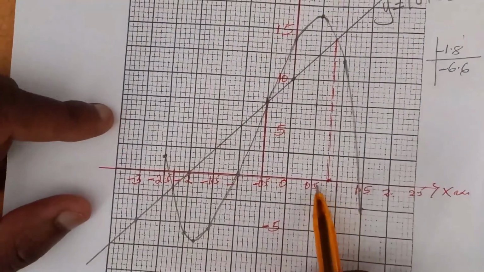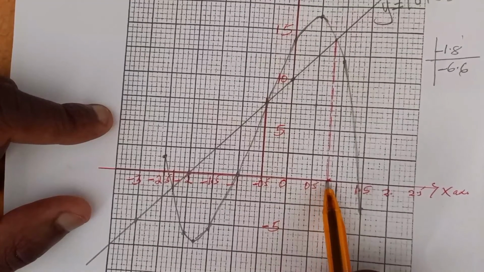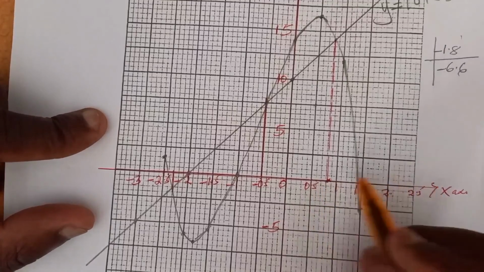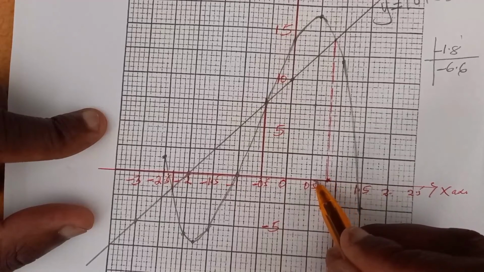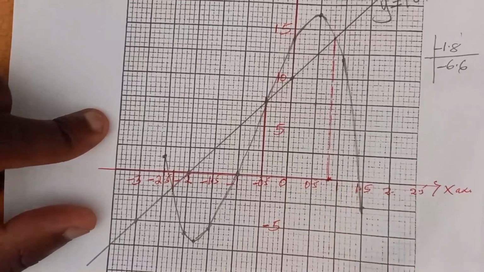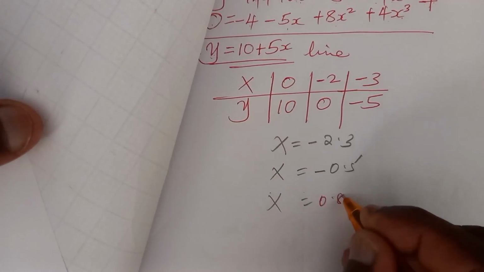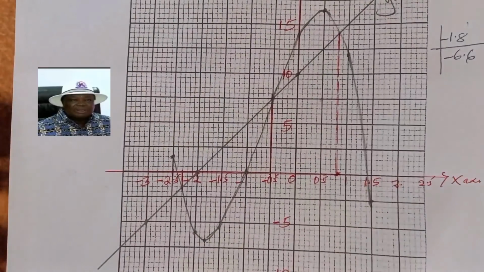So this is 0.5, 0.6, 0.7, 0.8, around 0.85. Because I can see it is not exactly on this line, some point here. So that is 0.85. And that is how you're supposed to solve that question. Simple, simple, simple.